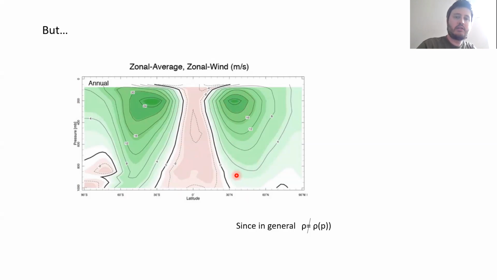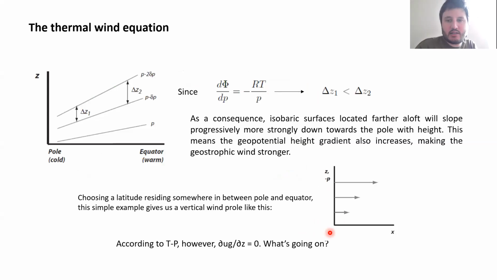This doesn't really contradict the theory, but if we think about the Taylor-Proudman theorem, this totally doesn't look like the fluid is coherent on the vertical. It tells us that the density not only depends on the pressure, because indeed it also depends on temperature.